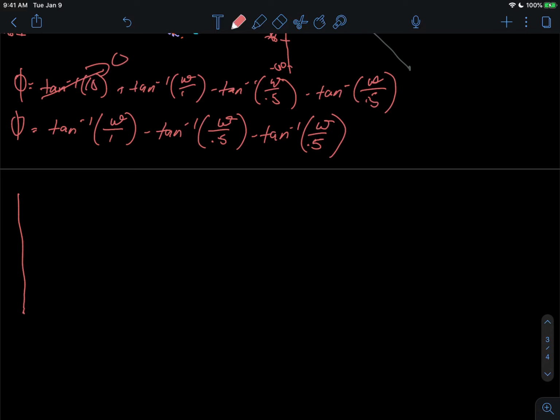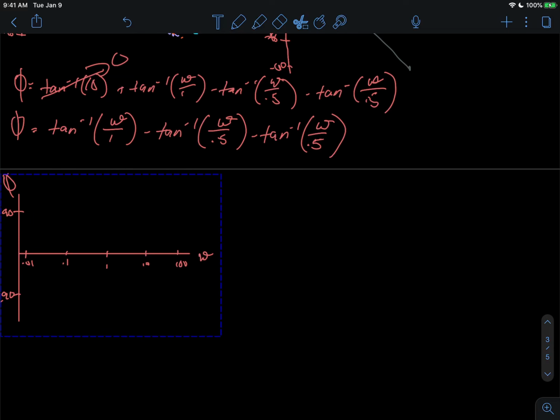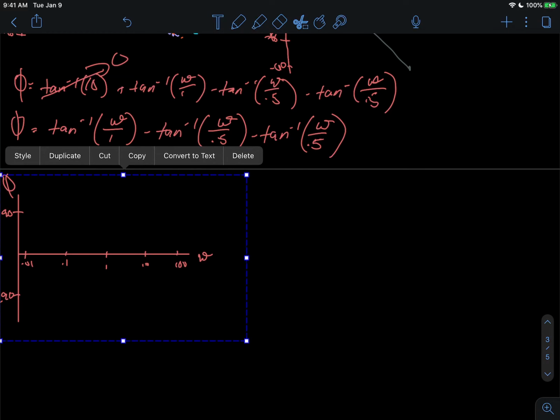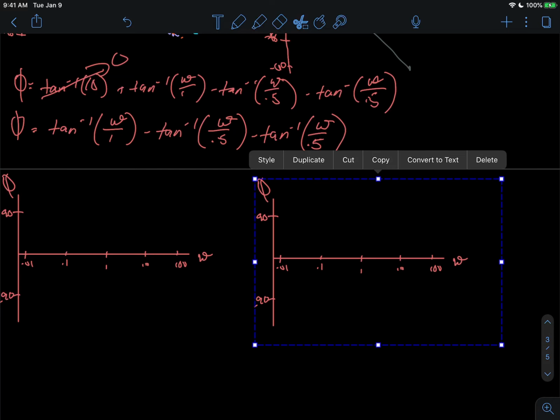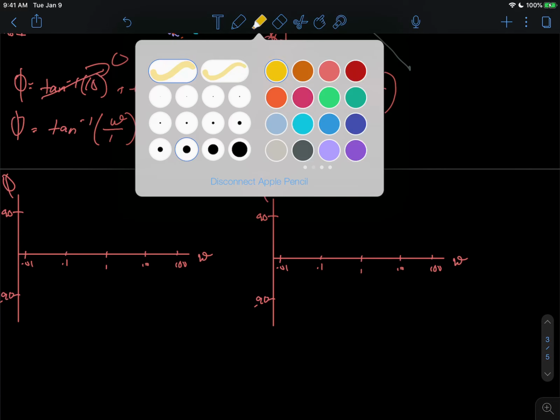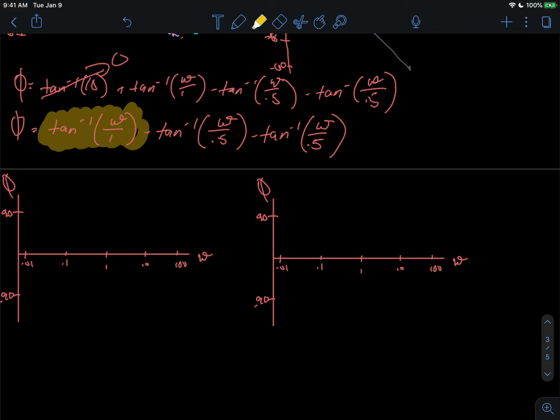So let's draw this phase. Okay. So inverse tangent of j omega divided by 1.